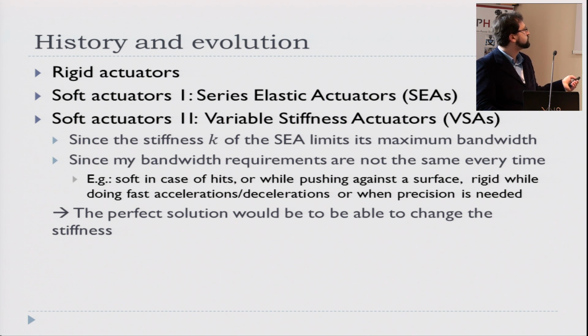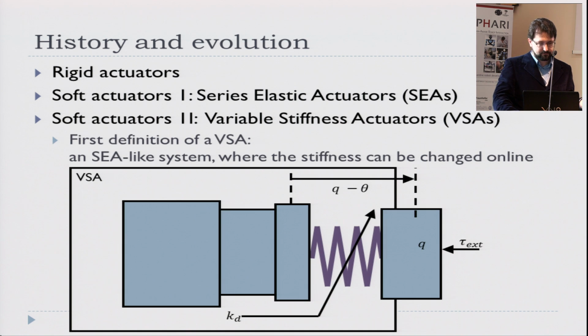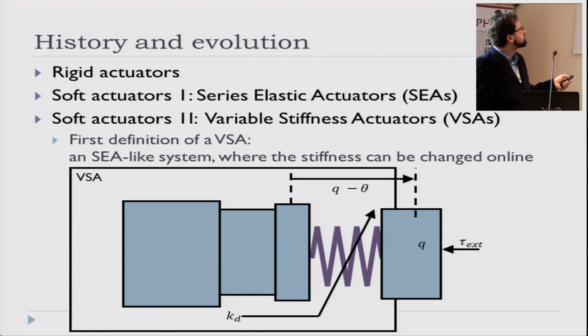The best solution would be to be able to change the stiffness, and that's what led to the development of variable stiffness actuators. So, a first definition of variable stiffness actuator, which is a first approximation, but it explains the idea very clearly, is that a variable stiffness actuator is a series elastic-like system where you can change the stiffness that is in series with the system.